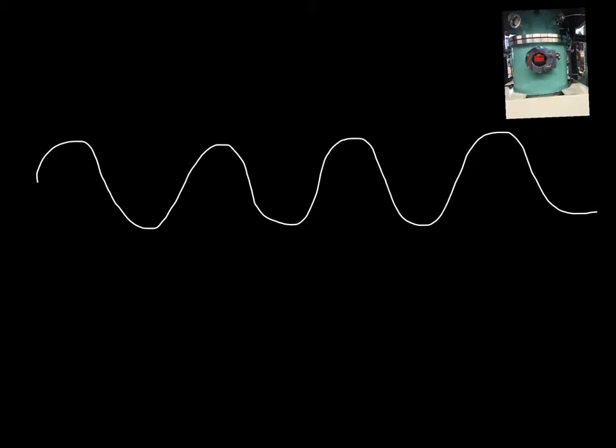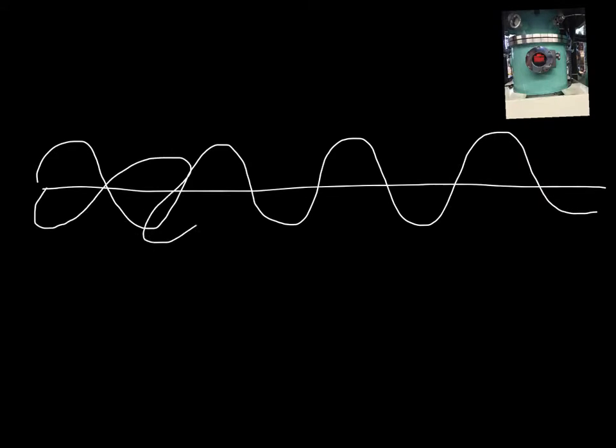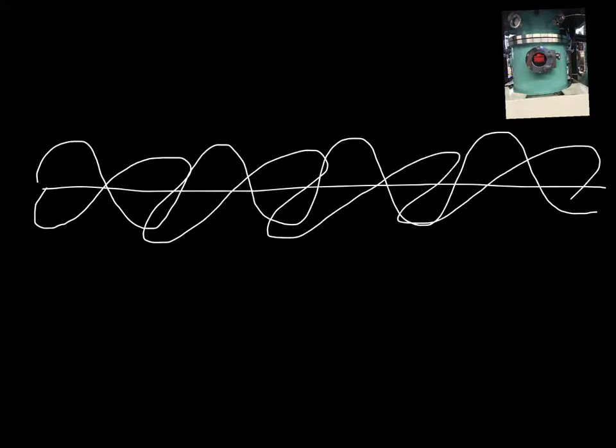The second component is a magnetic field component, and that one propagates in the same direction but perpendicular to the electric field wave. Those waves propagate together through space and time, perpendicular to each other.